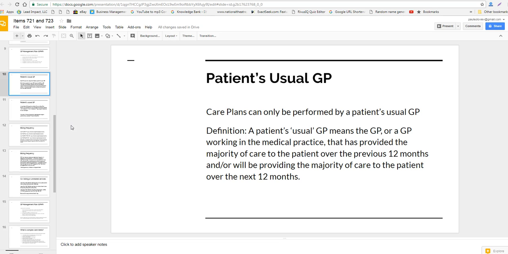Let's dissect this definition. As you can see, patient's usual GP doesn't mean one person. It can be another GP who works in the medical practice that provided the majority of care. So it's all about the practice, not a particular GP.